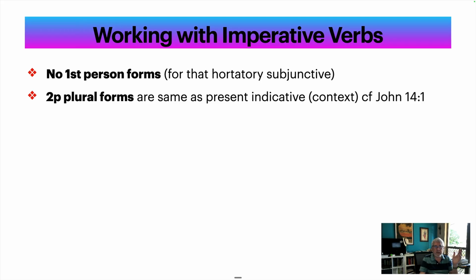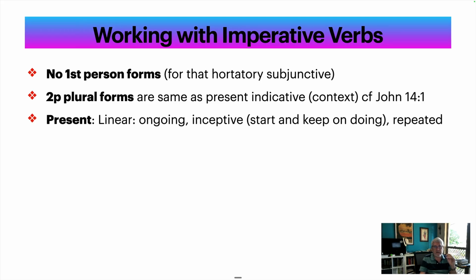So the imperative present is looking at actions, something where we're giving a command or an instruction, and it has that element of ongoing, repeated action. I want you to do this, and I want you to basically keep on doing it over and over again.